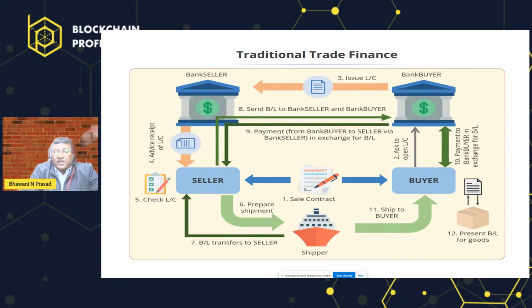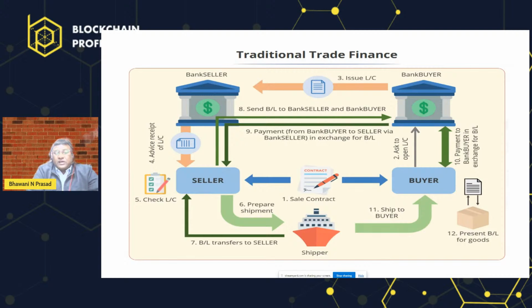Once the sale contract is signed, we ask a bank to open a letter of credit, and the bank issues the letter of credit. Receipt of the LC is sent to the seller, and the seller checks that LC, and then the seller connects to the shipment.